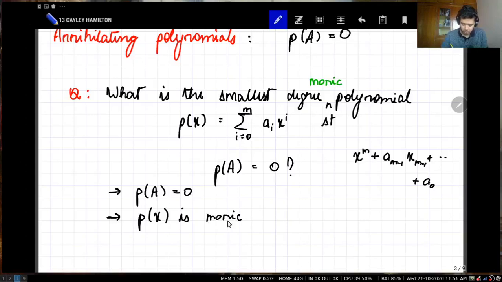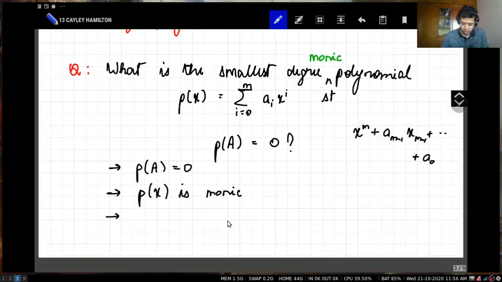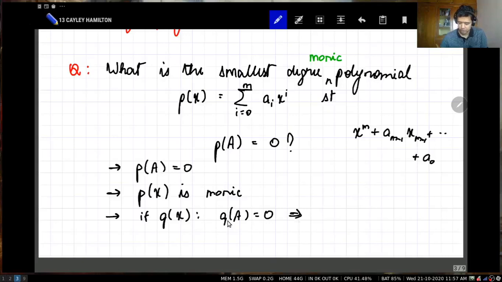right? And this is a minimal polynomial in the sense that if q of x is another polynomial such that q of A is equal to 0, then it must necessarily mean that q does not divide p.